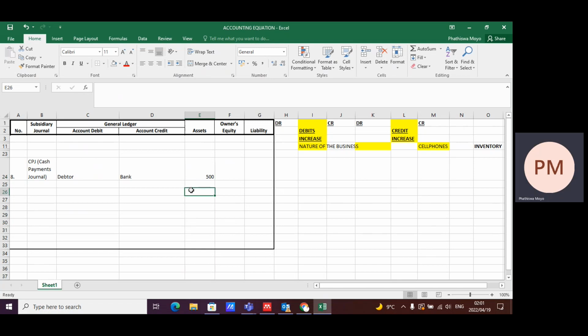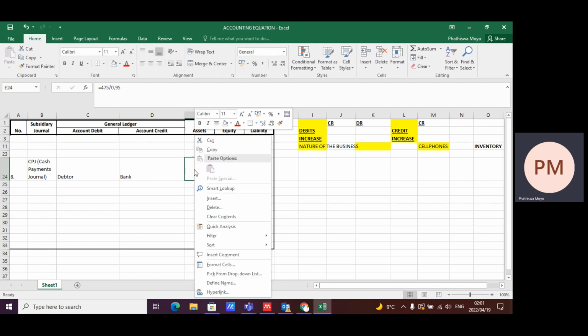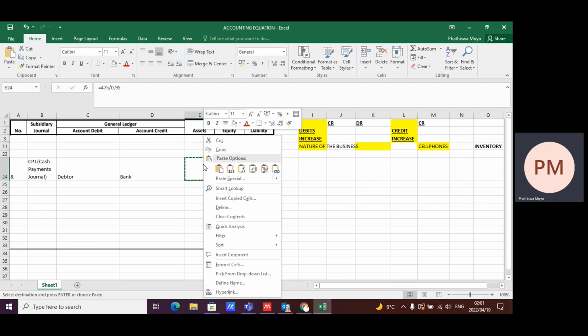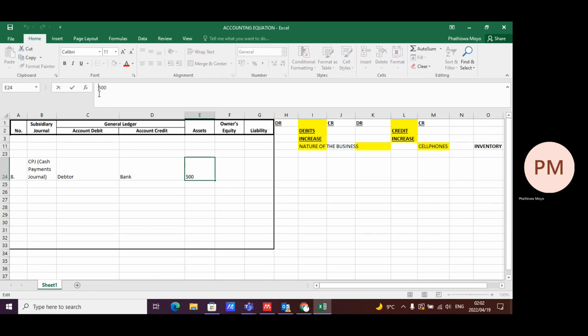The bank, and I hope you see how I calculated this, but now I need to put in the signs. So let me hard code this. So we are saying plus 500.